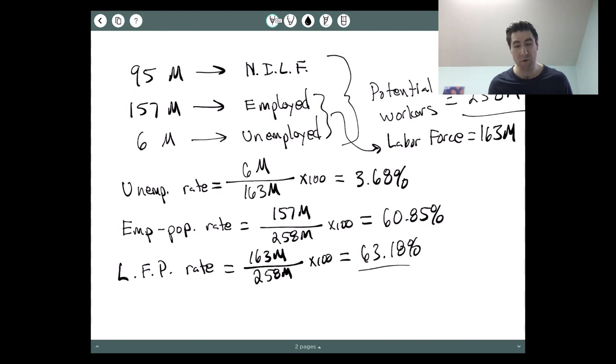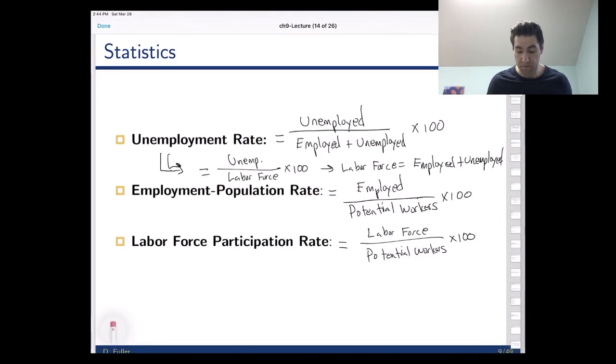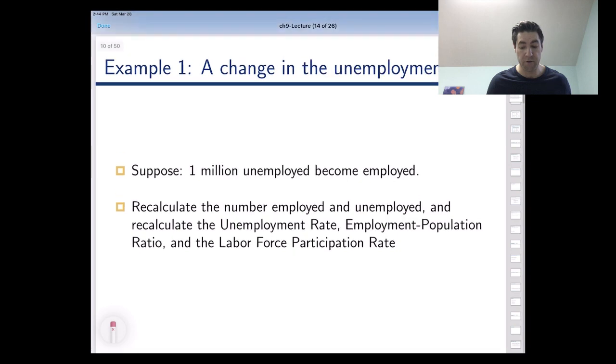So about 63% of people are either looking for work or currently working, participating in the labor force.